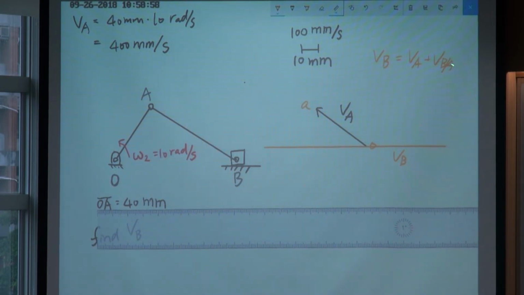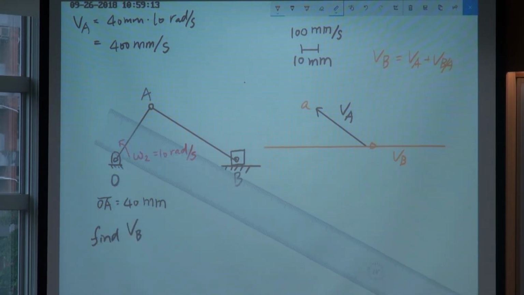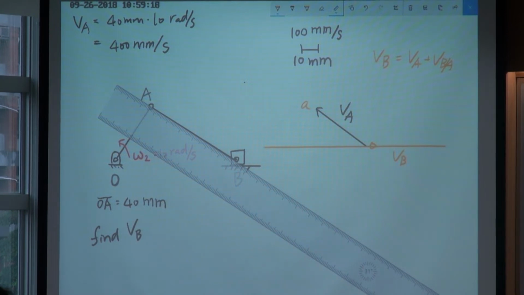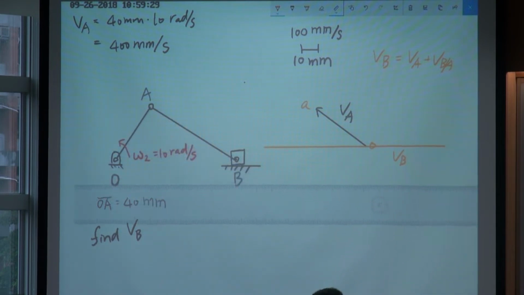We also need to find VBA. Do we know any information about VBA? We don't know the magnitude yet, but we can find the direction of VBA. VBA must be perpendicular to this line AB. So I'll rotate it by 90 degrees.